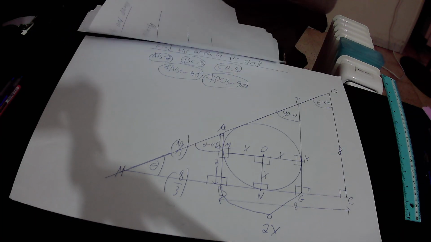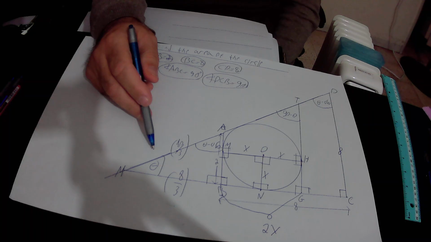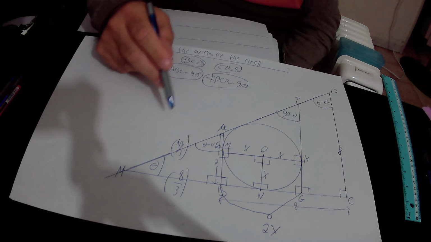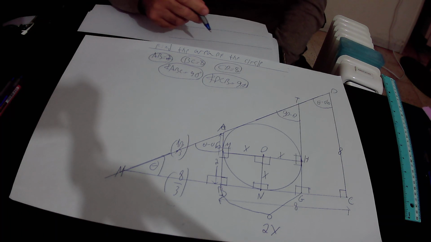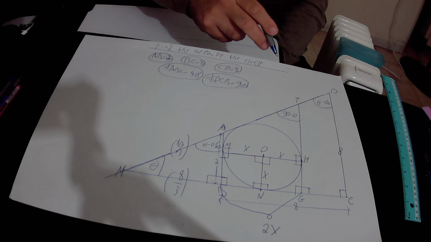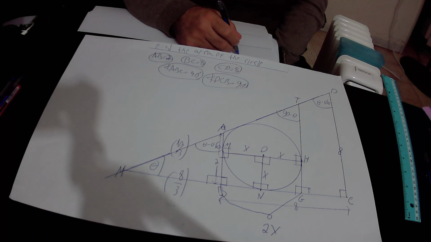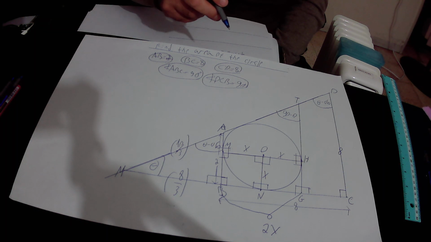In addition, this is angle theta, that is a common angle. It belongs to both triangles, so angle theta equals itself. You can call angle theta angle TMG, and you can call the same angle theta angle AMB.